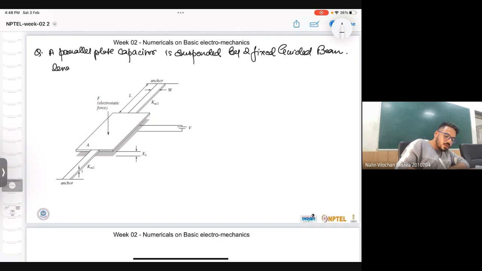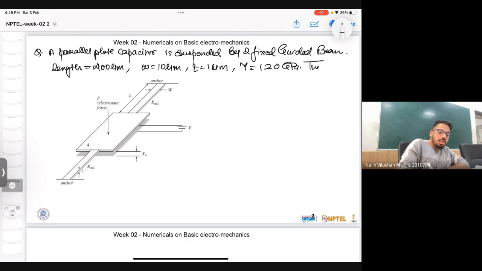The length is given as 400 micrometer, width is given as 10 micrometer, thickness is given as 1 micrometer, and Young's modulus of this beam is given as 20 gigapascal. The gap x naught is given as 2 micrometer.